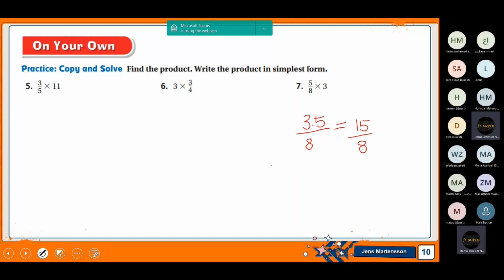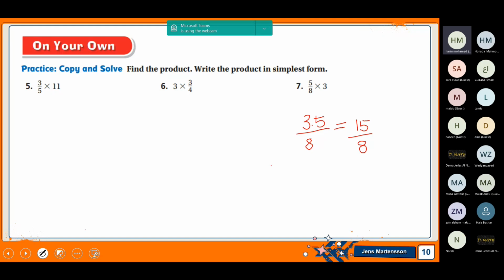Can you keep it like this, 15 over 8? No. What do you have to do? What did we say yesterday?